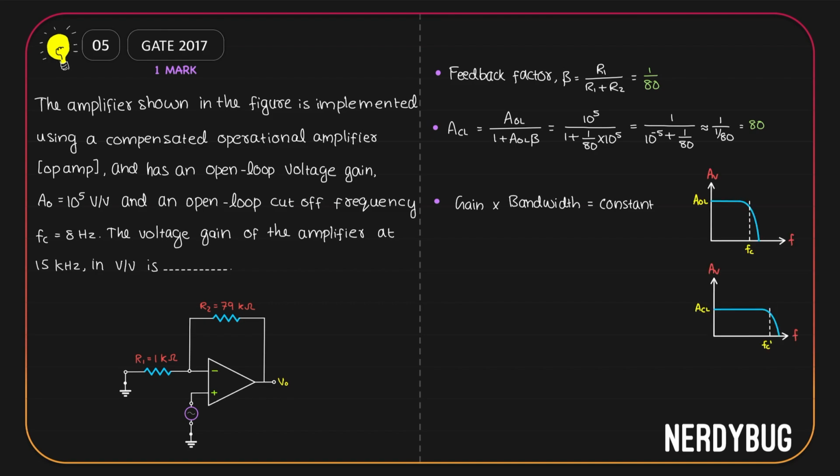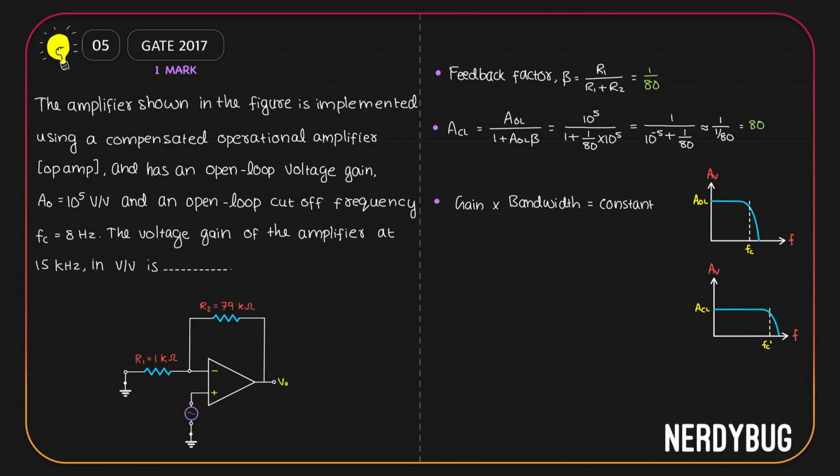In the open loop case, cutoff frequency is Fc. In the closed loop case, cutoff frequency is Fc dash. You can see that when the maximum gain is more, cutoff frequency is less. When the maximum gain is less, cutoff frequency is more.